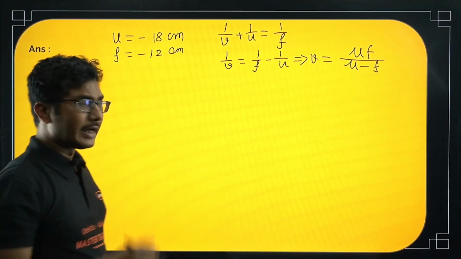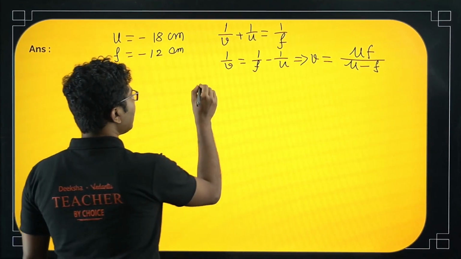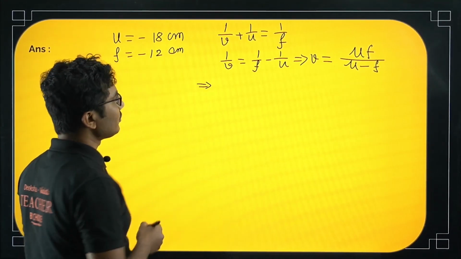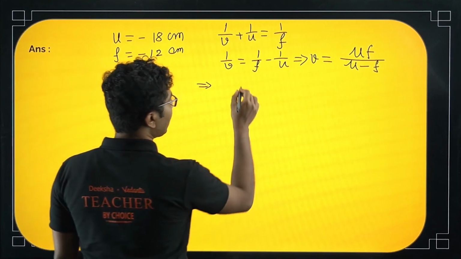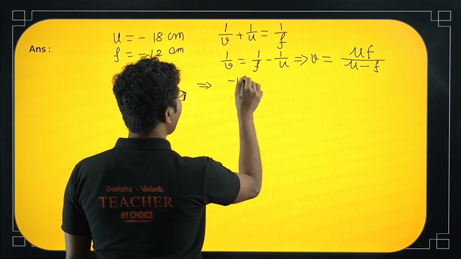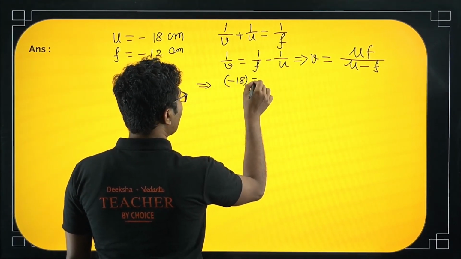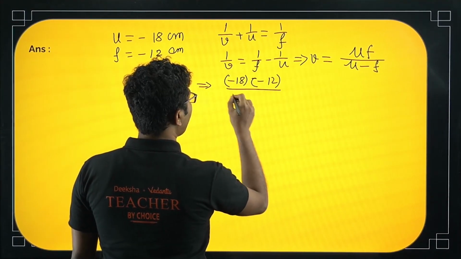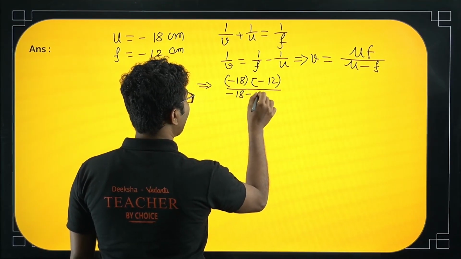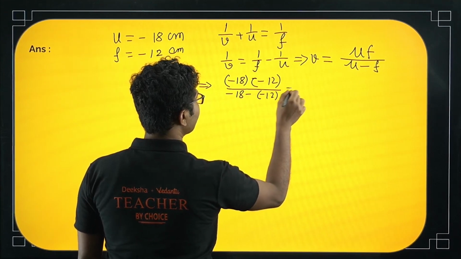We have already derived this equation. I can directly use that, but I have done this again so that if you are watching only for this problem, still you will not miss out. So U is minus 18, F is minus 12, U is minus 18, minus 12, that is equals to V.